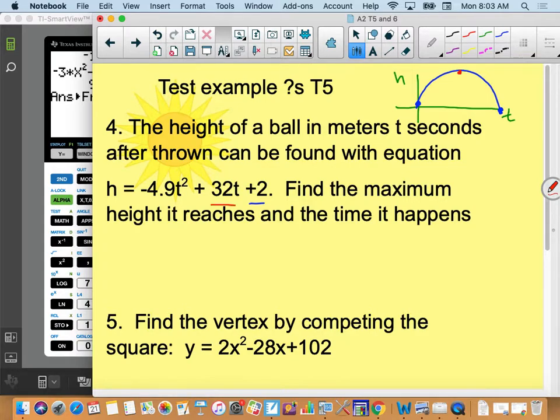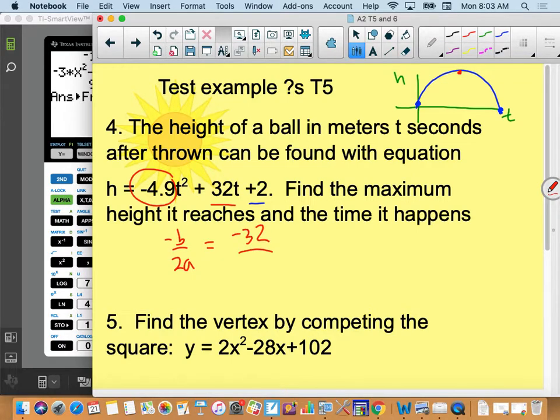This number, by the way, is the initial velocity, so it's 32 meters per second. And this is gravity. It's actually half of the acceleration due to gravity, half of negative 9.8 meters per second squared. So to find the vertex, the x-coordinate, I'm just going to do negative b over 2a.